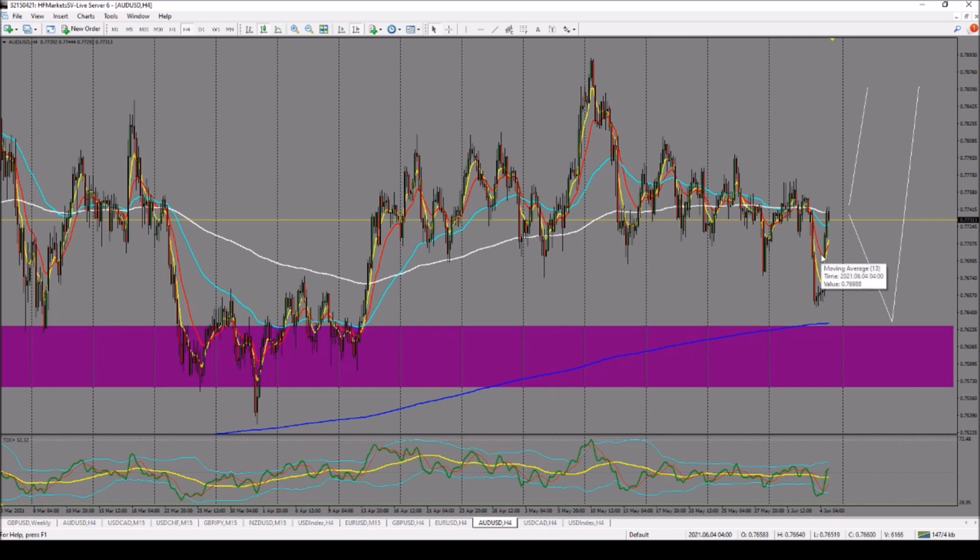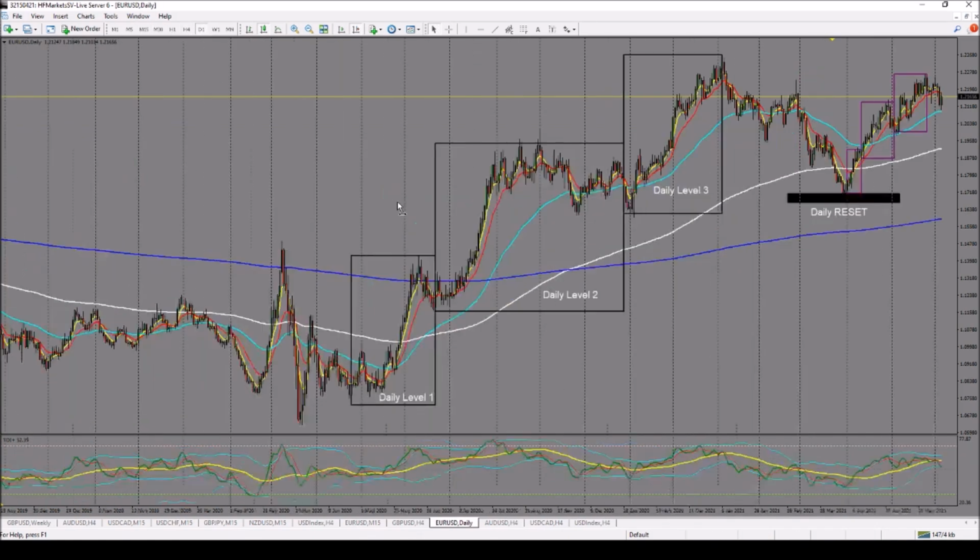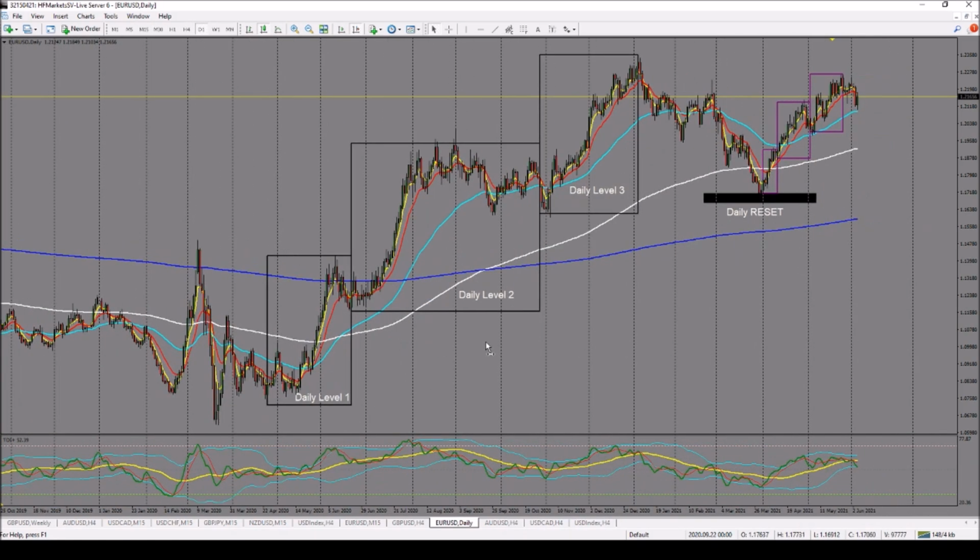So on the USD CAD, we are expecting to look for selling opportunities. Then on the AUD against the USD, we are looking for buying opportunities. It's a matter of looking for proper setups that support these biases. Then on the euro against the dollar, the same applies.